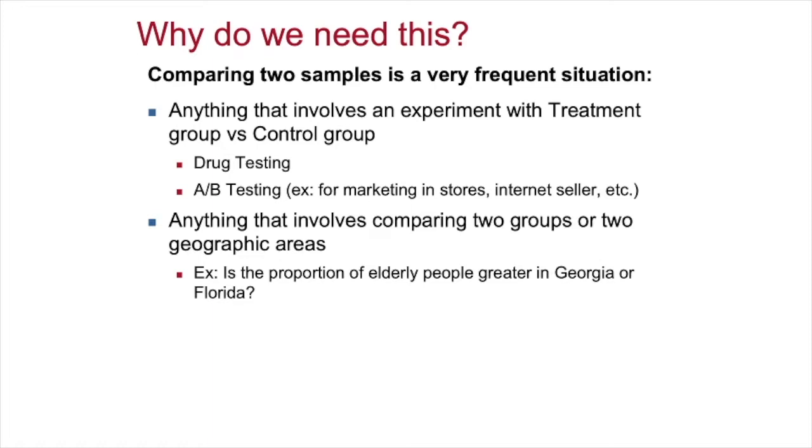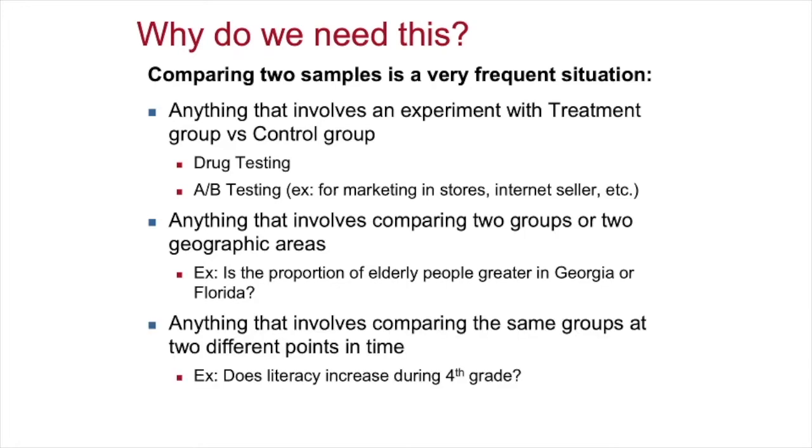Anything that involves two groups that come from different geographic areas, let's say you want to compare the proportion of elderly people in Georgia and in Florida, then those are two geographic areas, those are two samples you want to compare. A third very common situation is when you have the same group compared over time. So first sample this year, next sample next year, the same people but at different times, those are two samples.